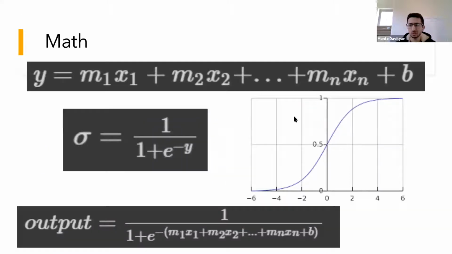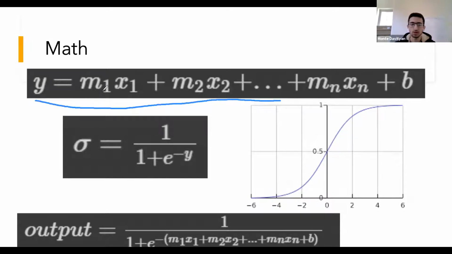And so just a quick look at the math, it's fairly straightforward. It's pretty similar to linear regression. We have our line, y is equal to m1 x1 plus m2 x2 plus the bias, the y-intercept. This is just linear regression right here. But we have this right here, a sigmoid function. Don't worry about the formula, but if we graph this, this curve right here is what it looks like.